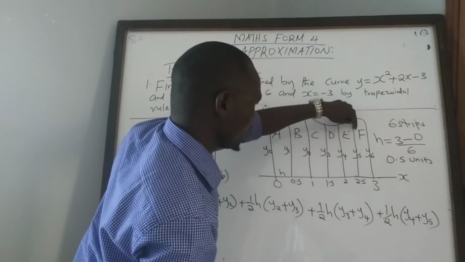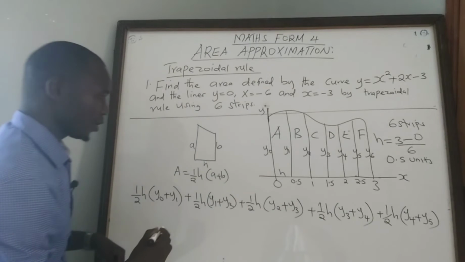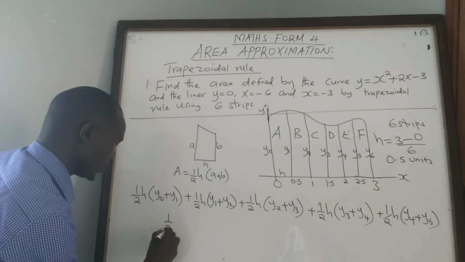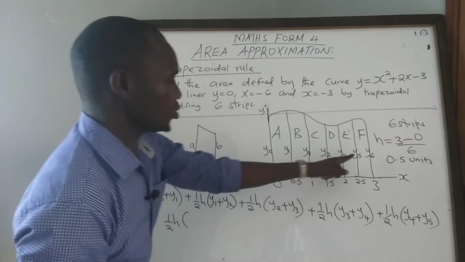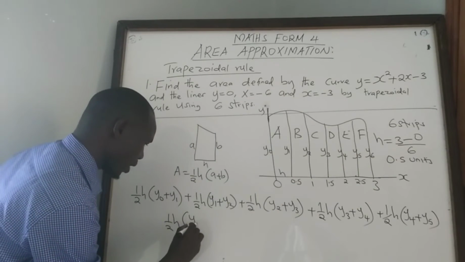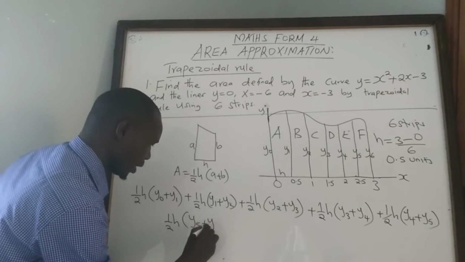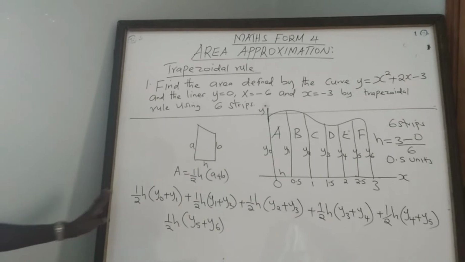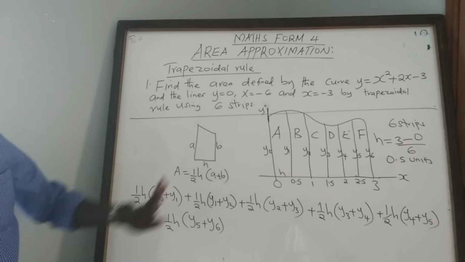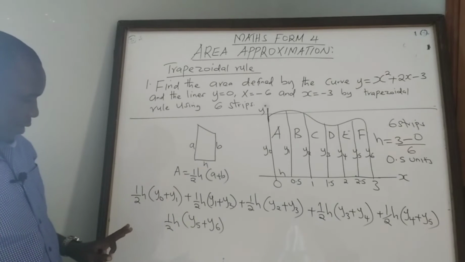Then lastly, if you want to get the area of F, we are going to take half height into the sum of the two parallel lines, which is y5 plus y6. From there, if you sum all of them, you will have gotten the area of that region anyway.